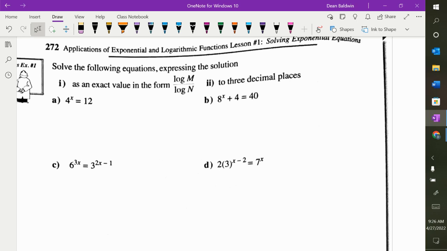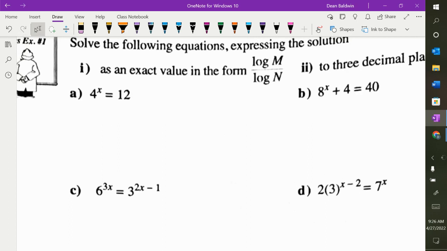So if you can't make a common base, you have to use logs. Do you want to use base 10 or do you want to use natural log? It doesn't matter. Oh, base 10. All right. So log both sides. All you do is you write log in front. It's your first step. Then what?